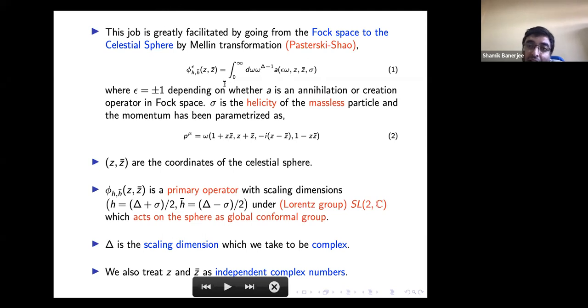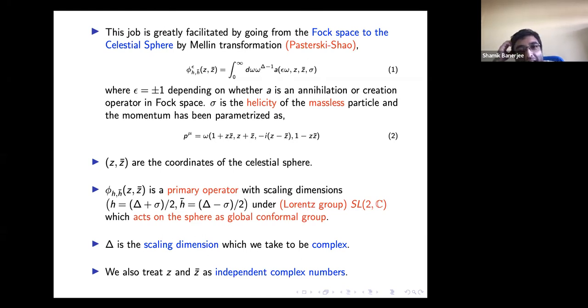Once you integrate, you are just left with z, z bar, and that can be reinterpreted as the coordinate on the celestial sphere. But I don't think there is a particular notion.